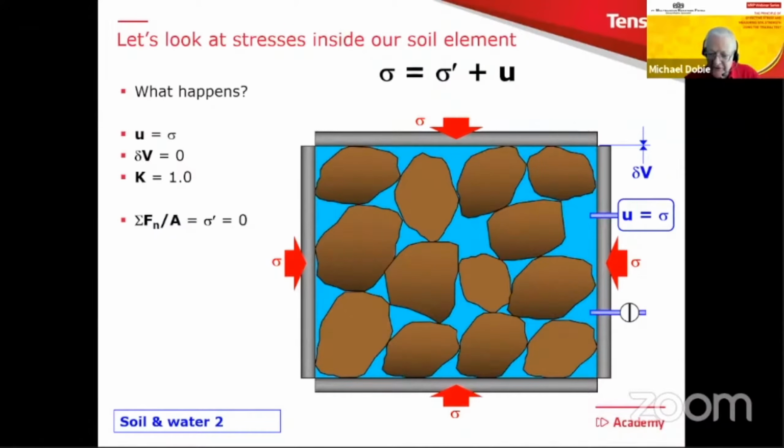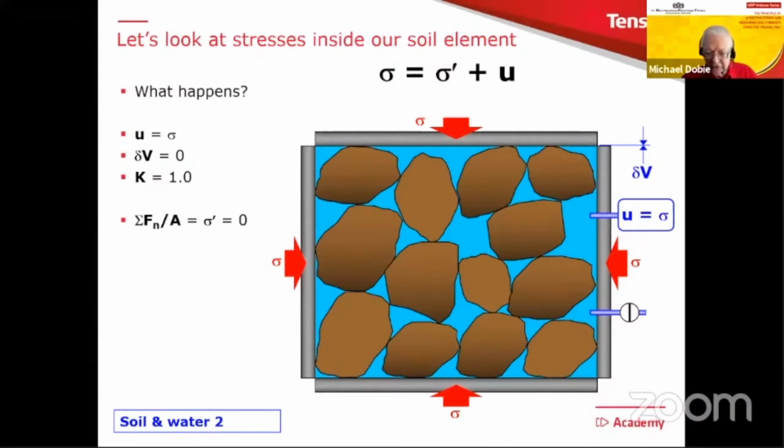Now, this is a really important part of this whole discussion. Why is the effective stress 0? Well, the answer is like this, that we have a compressible soil skeleton, and we have incompressible soil particles and incompressible water. So when you load that system with no drainage, the volume can't change, which means you've got, if you like, a very soft spring represented by the soil skeleton and an almost rigid one represented by the combination of water and soil particles.